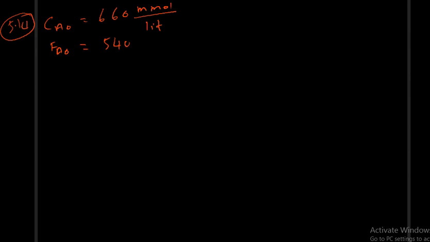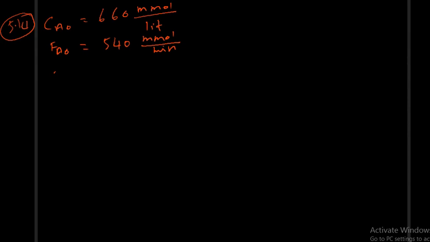So let us write down the given data for 5.14. Ca0 is equal to 660 millimole per liter, and Fa0 is equal to 540 millimole per minute.